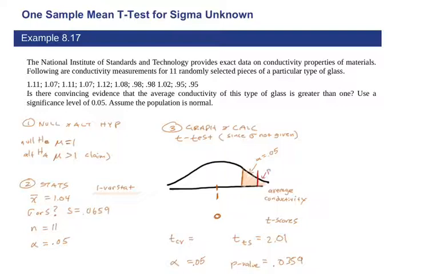And then here is going to be our p-value. What we're doing first is comparing alpha with the p-value. Alpha is larger than our p-value, so it should have more area.